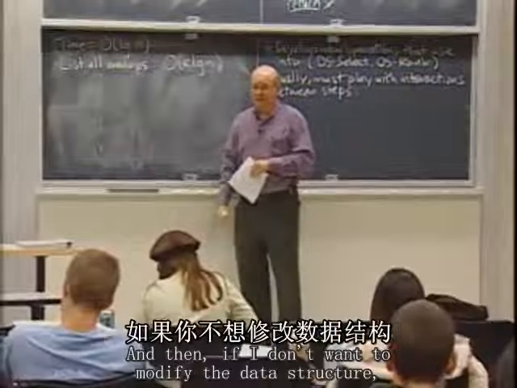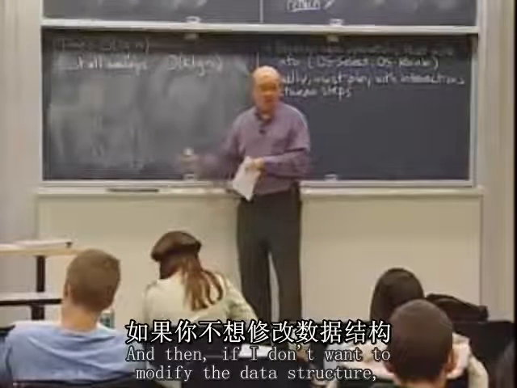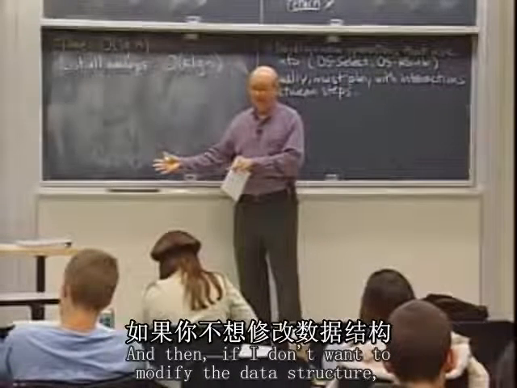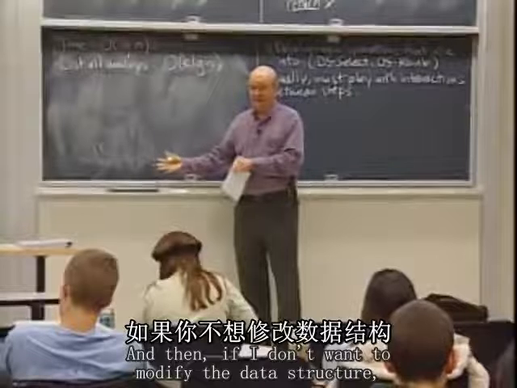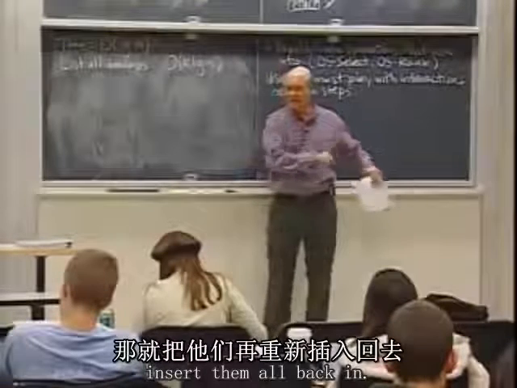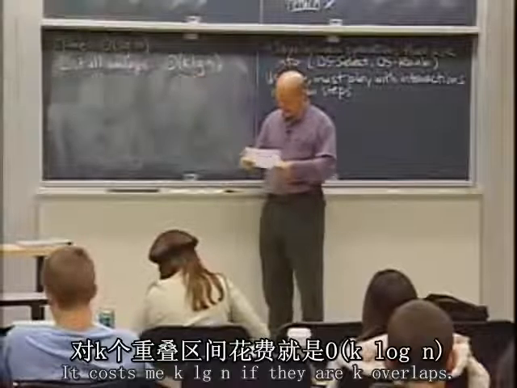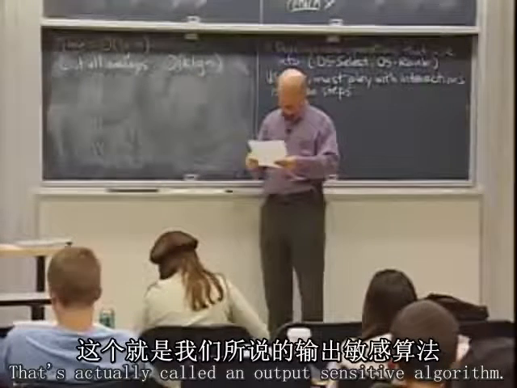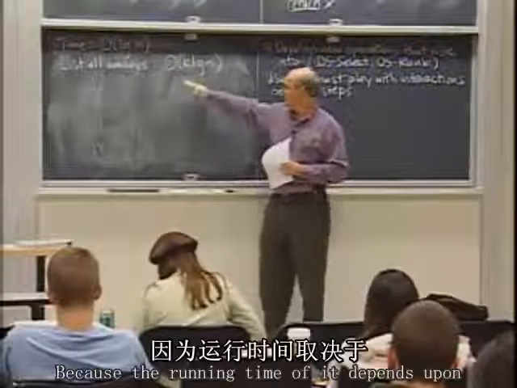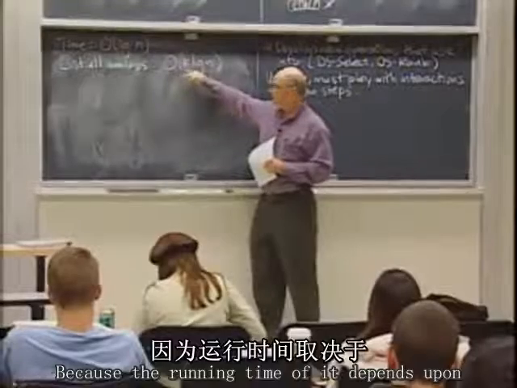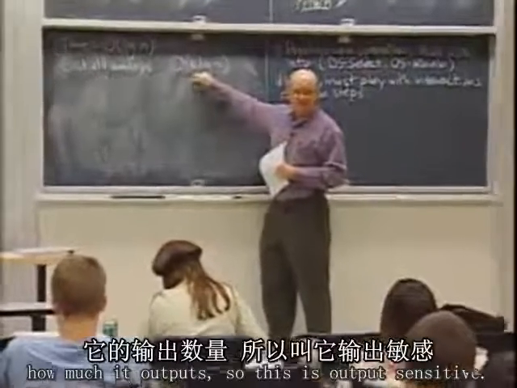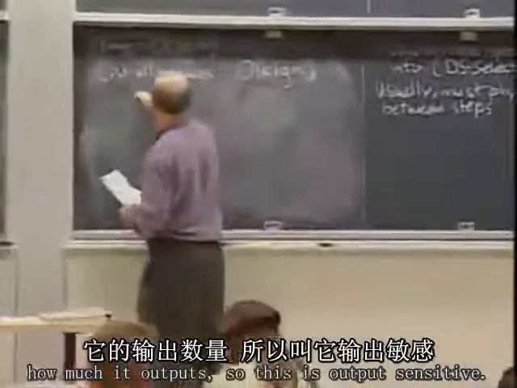And then if I don't want to have modified the data structure, insert them all back in. It costs me k log n if there are k overlaps. That's actually called an output-sensitive algorithm, because the running time of it depends upon how much it outputs.